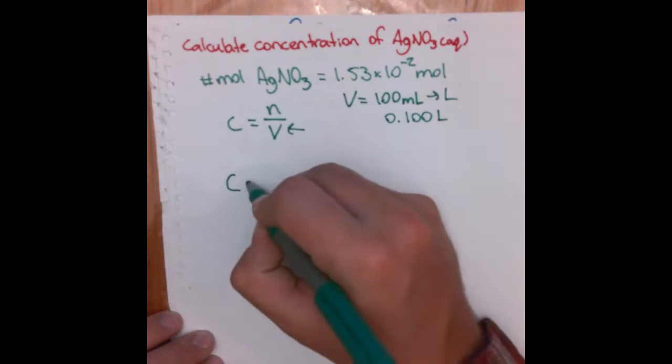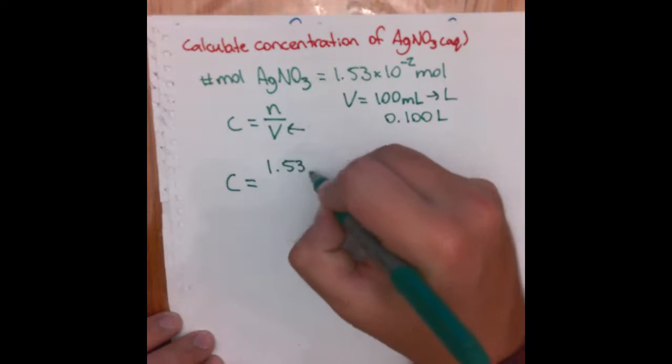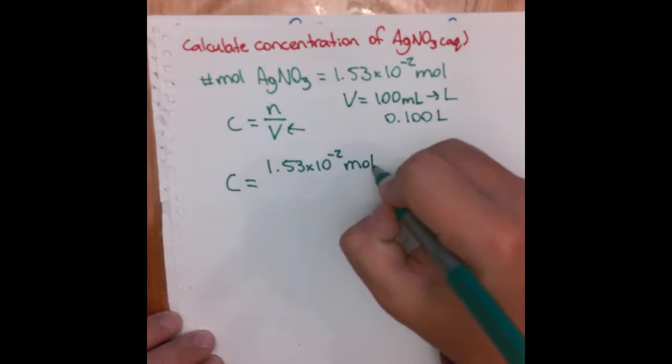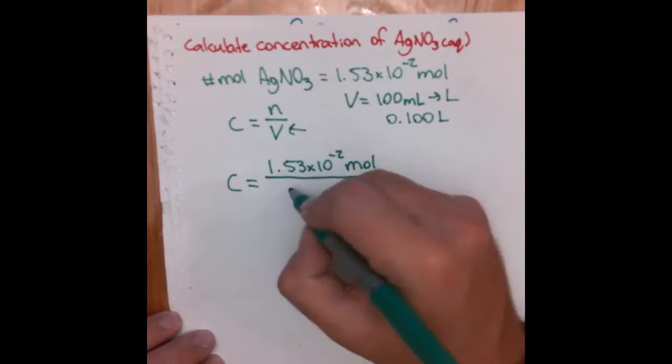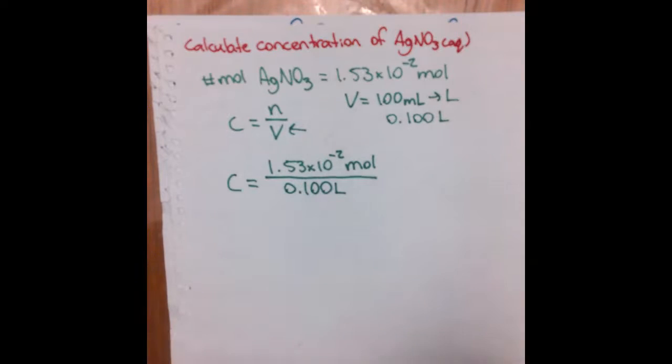So my concentration is going to equal 1.53 times 10 to the negative 2 moles per 0.100 liters.